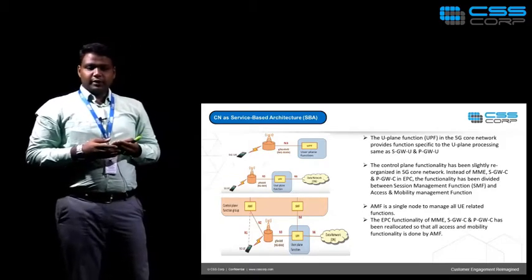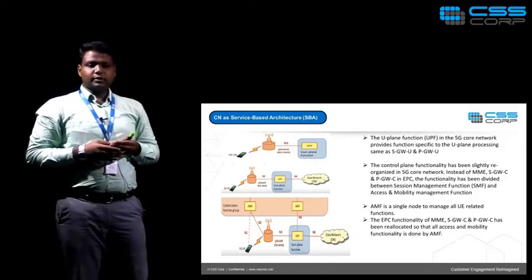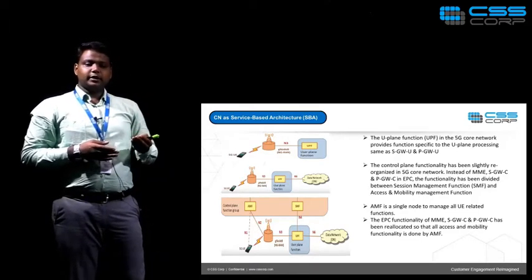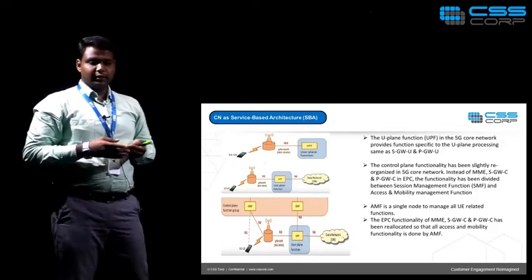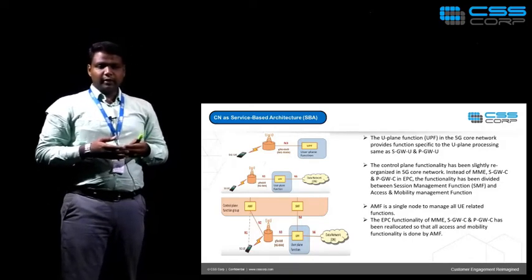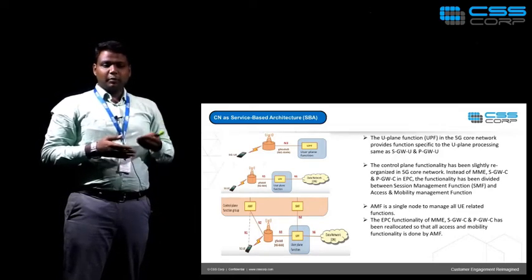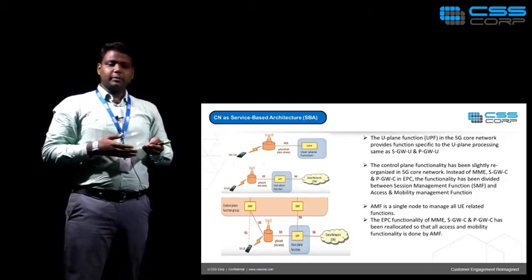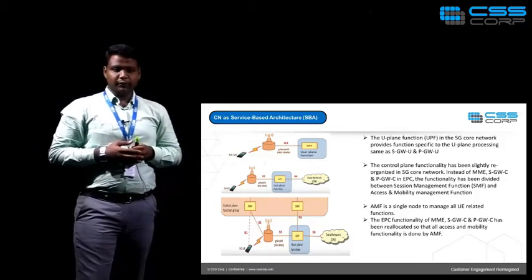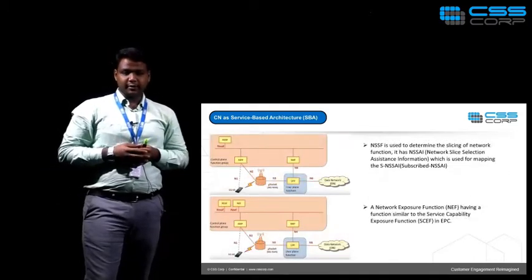The EPC functionality: in our Evolved Packet Core, we used the MME, SGW-C and PGW-C for the control plane in the legacy. Here we have the AMF, access and mobility function, which will act as the MME, SGW and PGW. Let's look deeper in our next slide at the other elements.